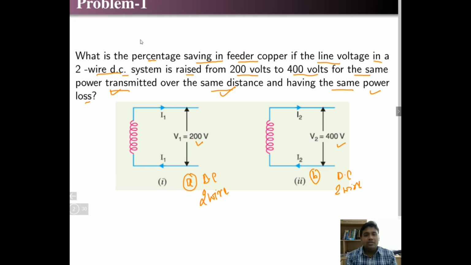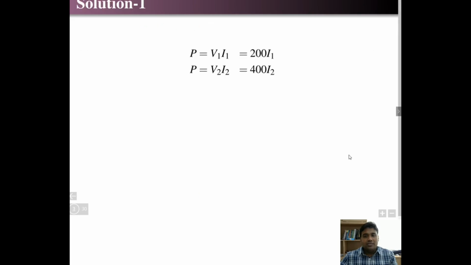So we have to determine the percentage saving in copper. That is what is being asked in problem number 1. So let us see the solution.